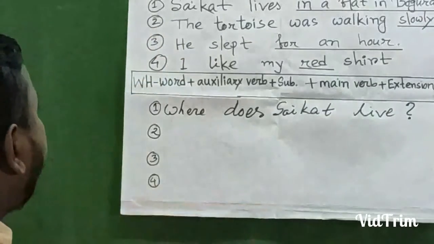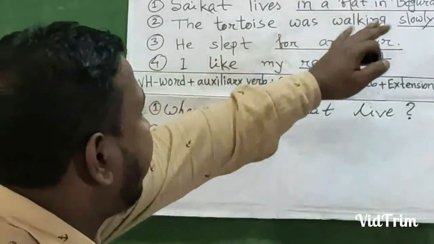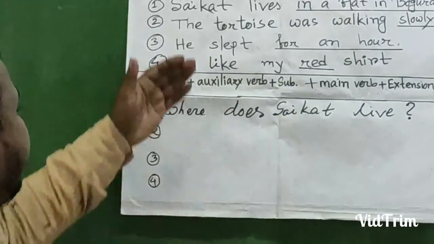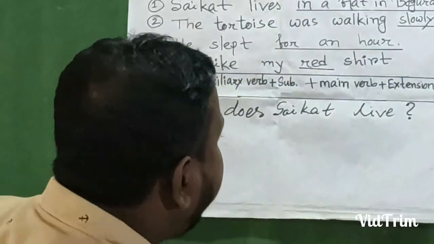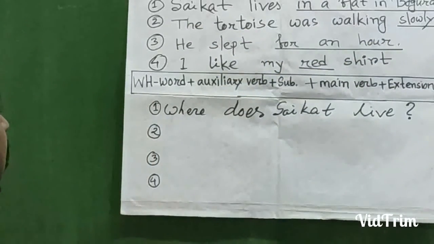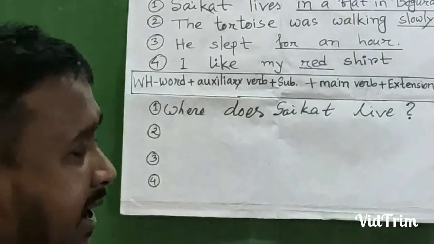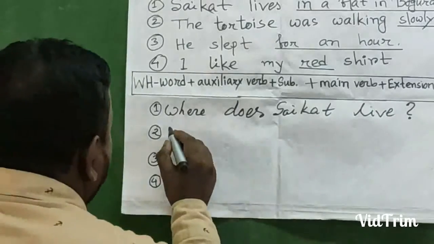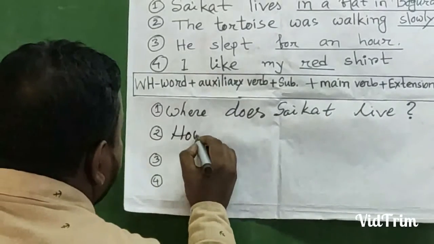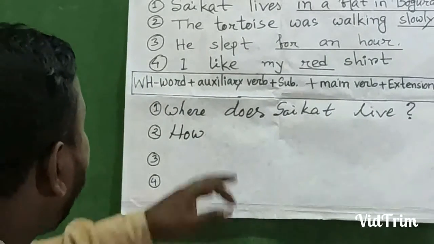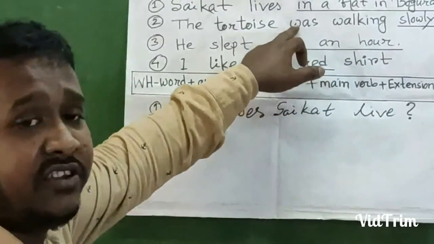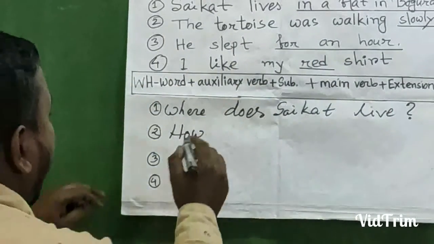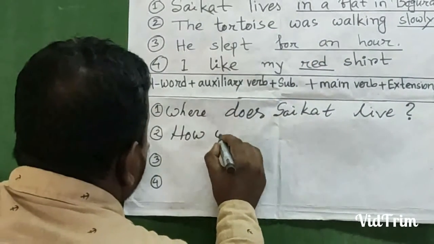In the next sentence: the tortoise was walking slowly. Here you see the underline is under slowly. So for method or manner, we have to use the WH word how. Now find out the auxiliary verb. Yes, there is an auxiliary verb, was. So after how we have to write was.